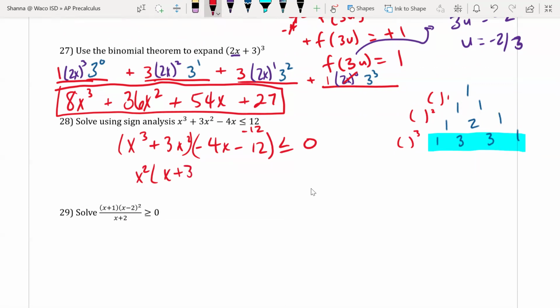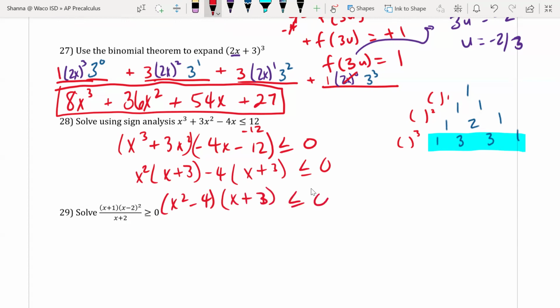It was me. It's late. And we're going to take out a -4, and we're going to be left with x plus 3 again. So our factors are x squared minus 4 and x plus 3. This is difference of 2 squares. So you get x minus 2 times x plus 2 times x plus 3 is less than or equal to 0.